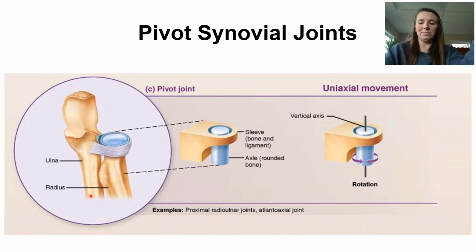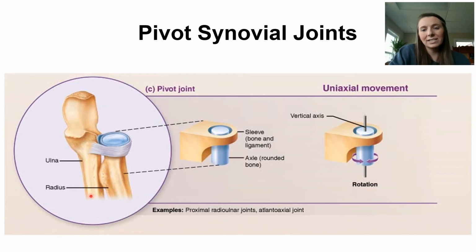Okay, so we move from supination to pronation. So from supination, from palm up, to pronation, your ulna actually isn't moving. It's your radius that is rotating over top of your ulna. And so this is a uniaxial movement that's occurring in one plane, and specifically pivot joints do rotation.